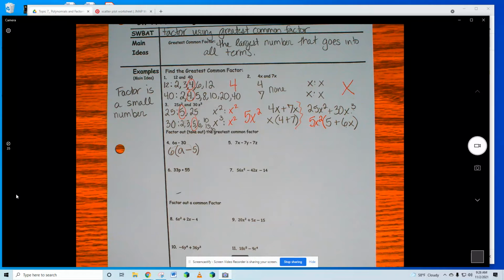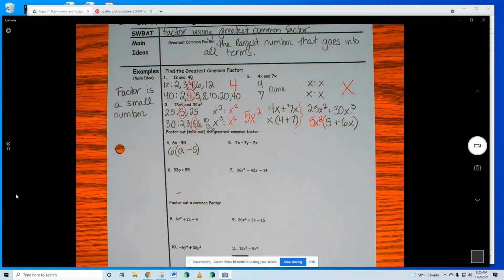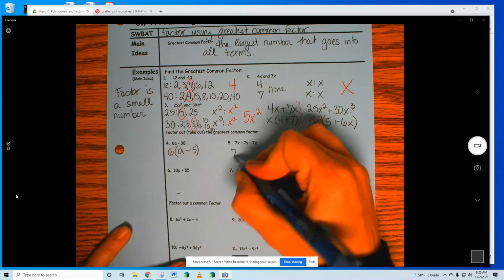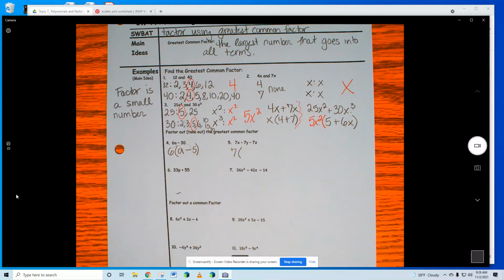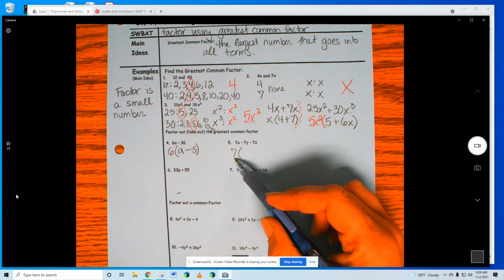We already did that. Number 5, 7x minus 7y minus 7z. What's a common, either a number or a variable that's in common? 7. So I'm going to write a 7. And then the parentheses has all my leftovers. Seven x with a 7 divided out is what?